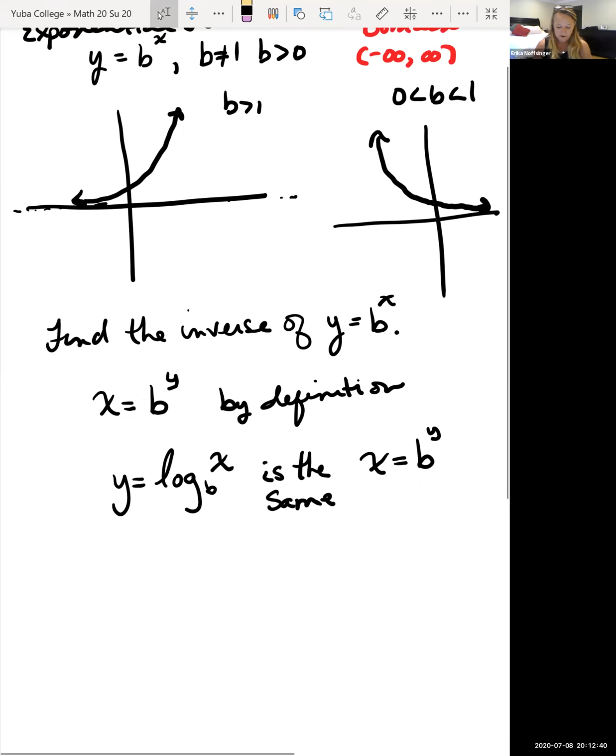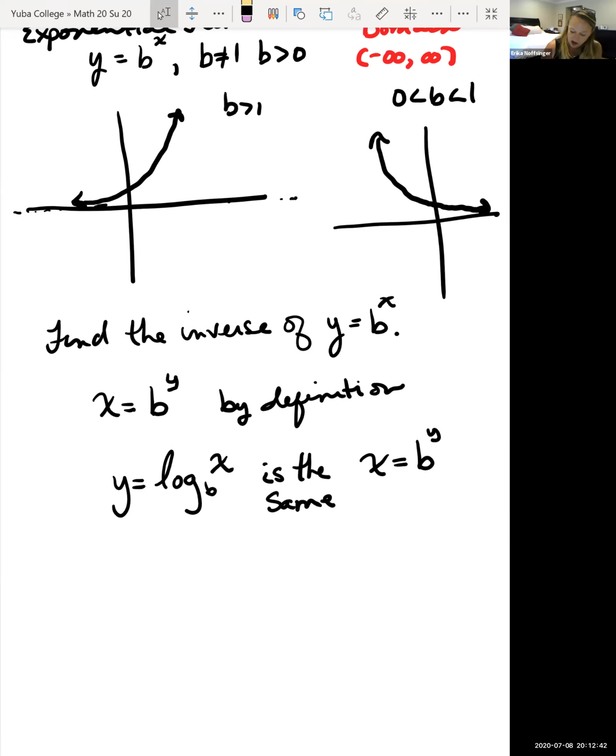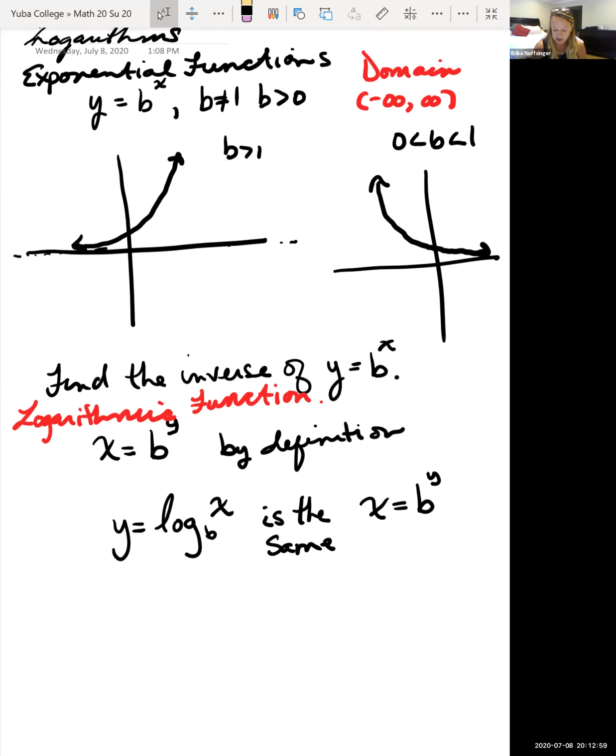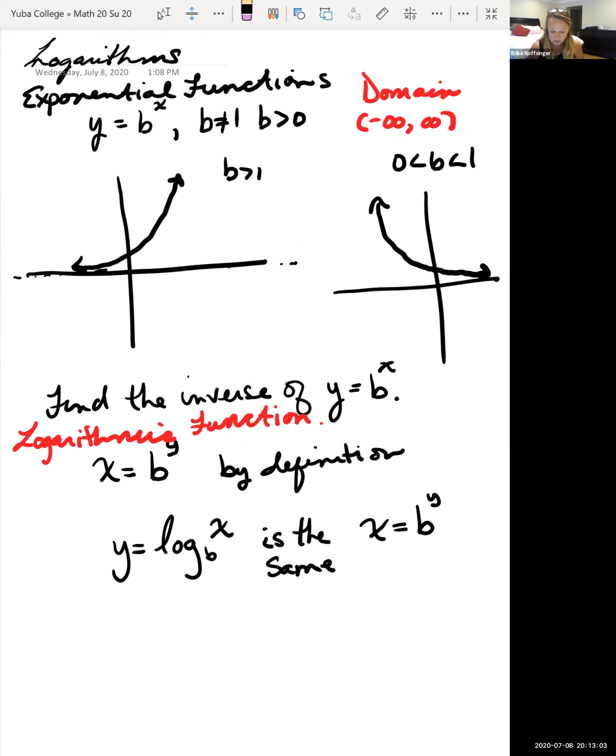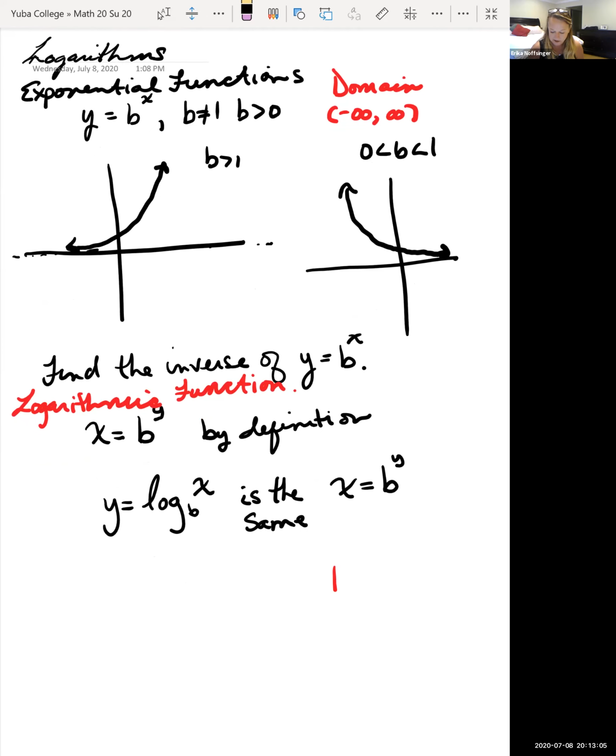So the inverse, which is our logarithmic function, well, we were swapping x and y values to get our inverse function. And so we discussed that this was the range of the inverse function. So for the range of a logarithm, we're going to hit all of our y values. Our range is going to be from negative infinity to infinity.